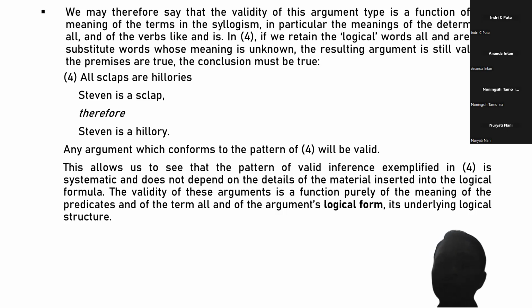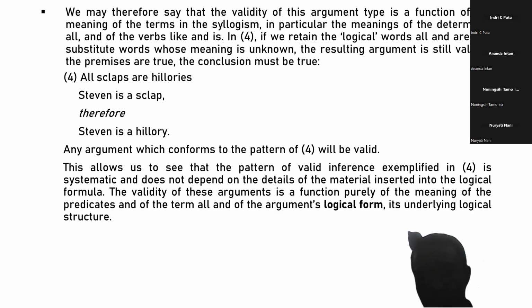This allows us to see that the pattern of valid inference exemplified in 4 is systematic and does not depend on the details of the material inserted into the logical formula. The validity of this argument is a function purely of the meaning of the predicates and of the term "all" and of the argument's logical form, its underlying logical structure.